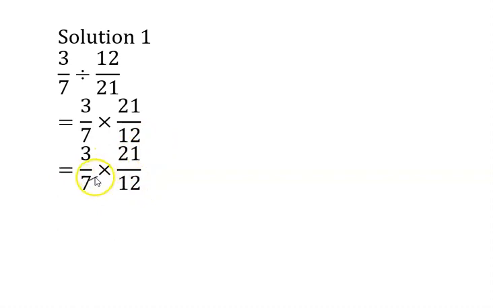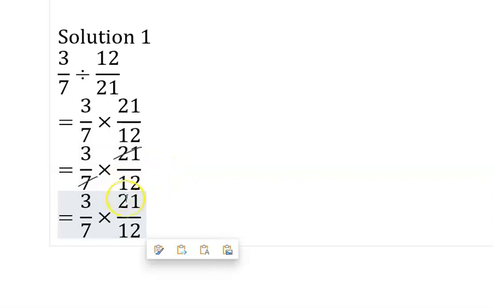Okay, let's do 7. 7 will cut here and 7 will cut here. If 7 cuts here, that means this 7 has gone to be 1. If you remove 7 here, 7 into 21, we have 3 left.